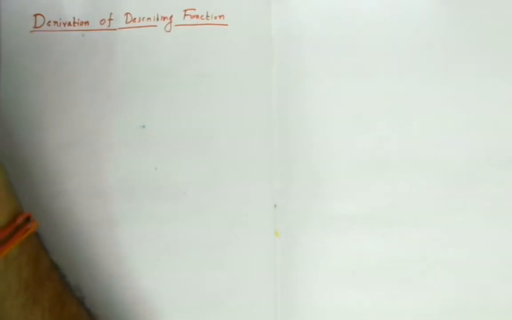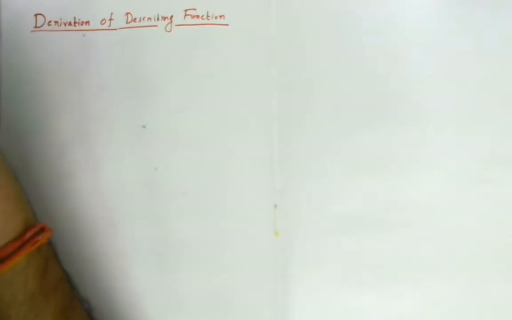Basically this is the complex ratio of output to input. What do you mean by complex ratio of output by input? It means the ratio between the amplitude of the fundamental component of the output and the amplitude of the input, along with the phase shift between input and output.